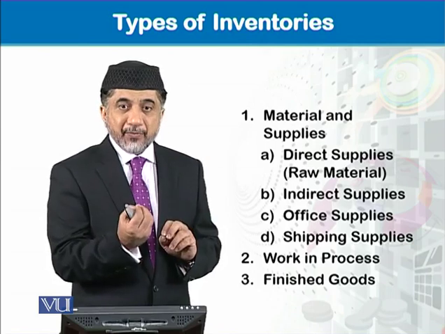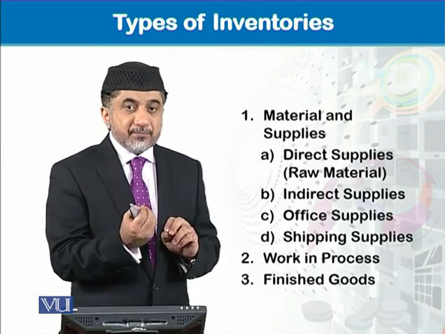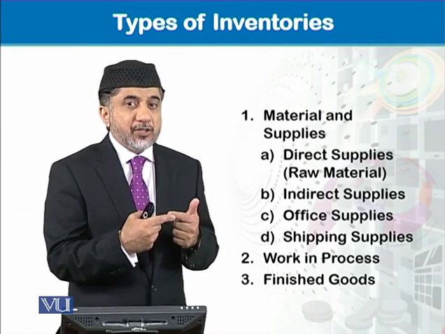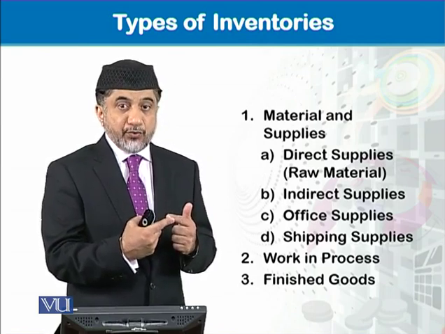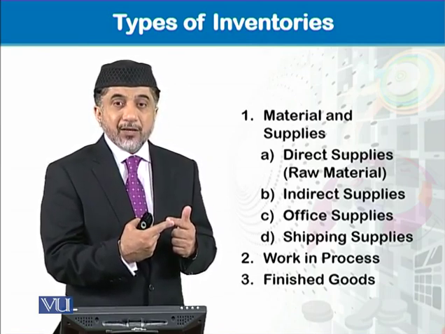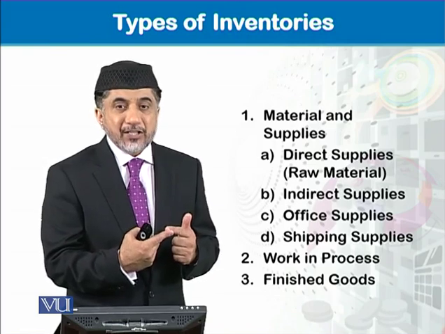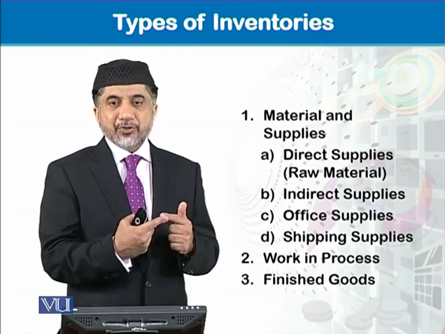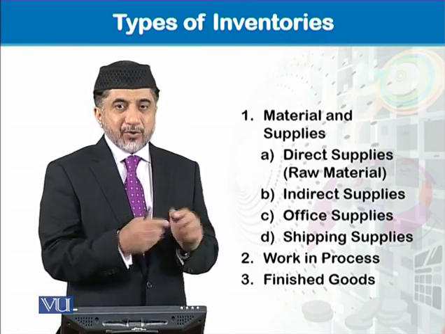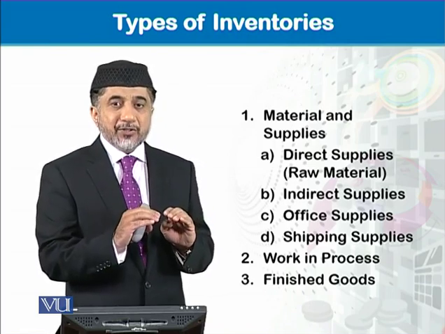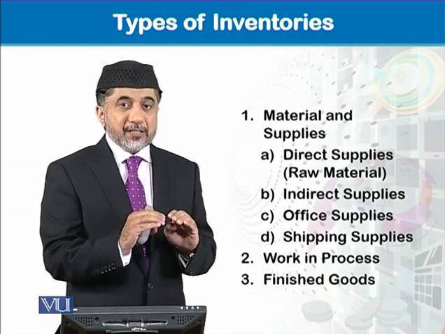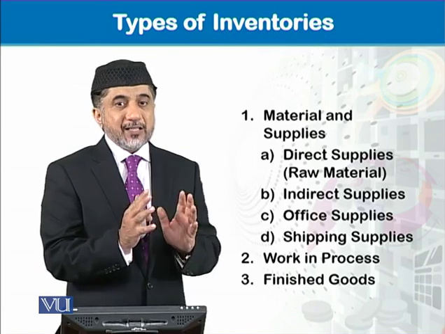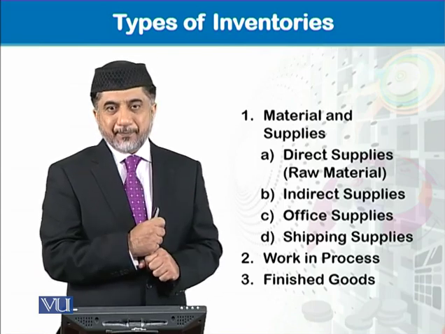The material that is still in the process of conversion into finished goods is known as work in process. It is also known as semi-finished goods. On that date, that semi-finished good or work in process inventory is recognized as an asset.